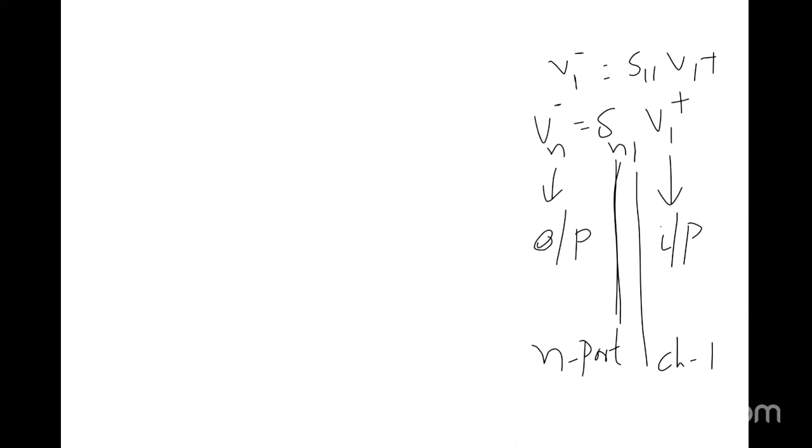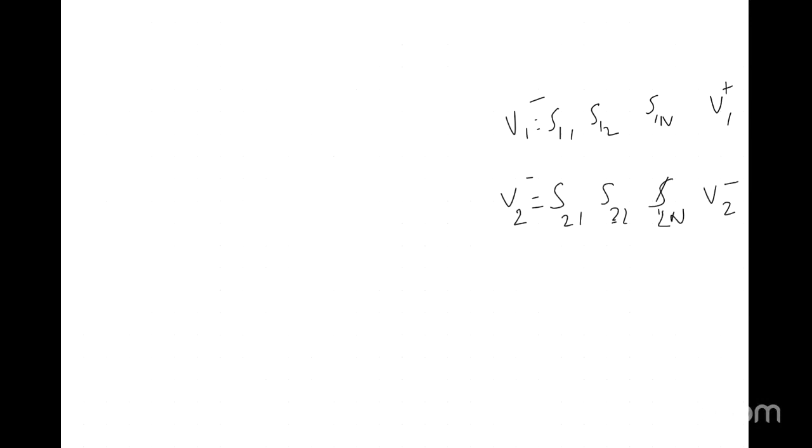Now, writing all collectively together, we get V1 minus equal to S11, S12, and so on up to S1n, the nth channel, times V1 plus. Second, V2 minus is equal to the second port, S21, S22, next up to S2n times V2 plus. This is represented in matrix format.